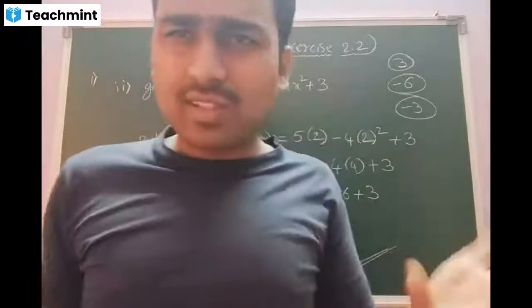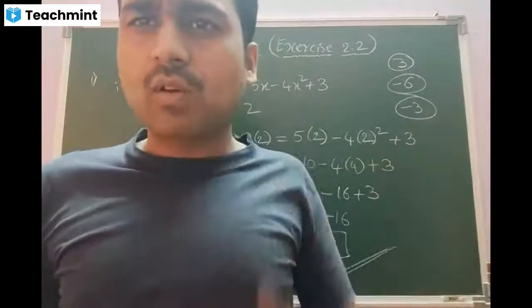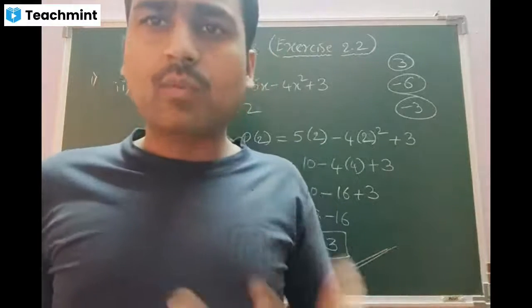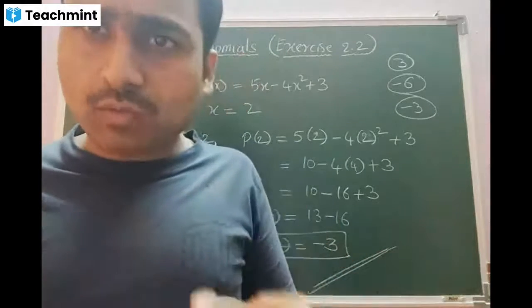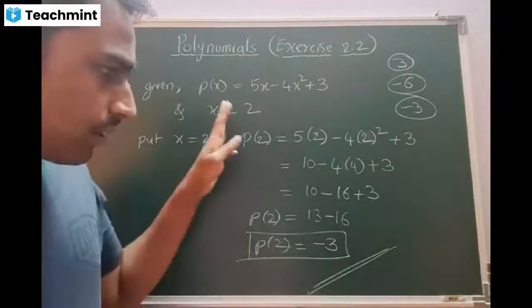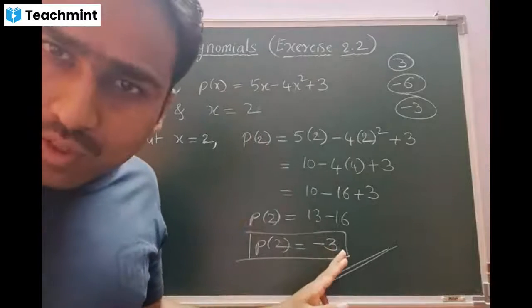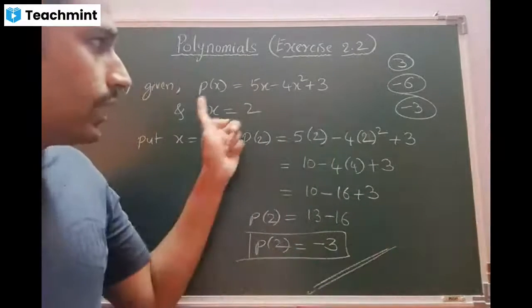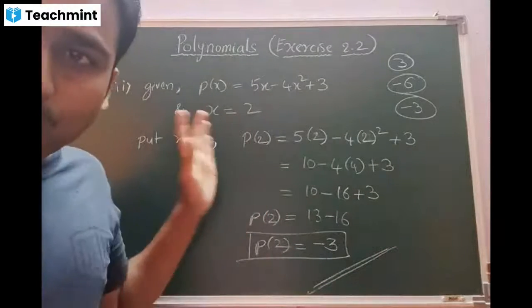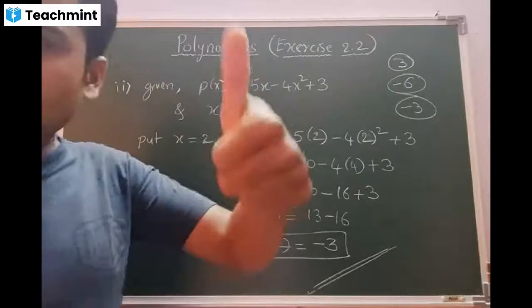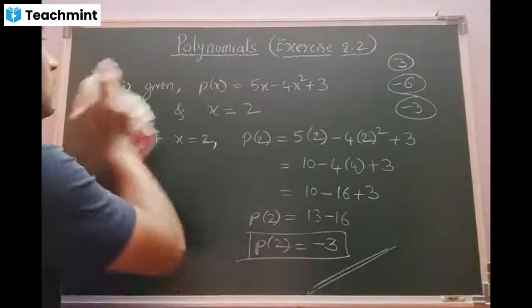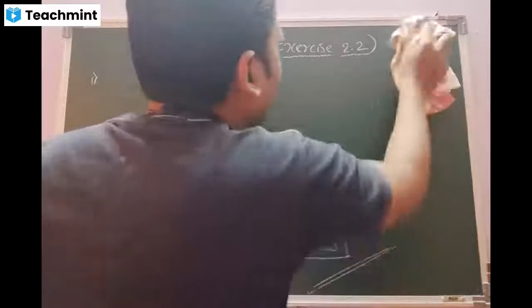Anyhow, in this question, there is no need of thinking about the zero of a polynomial. But then also it is our duty because we are dealing with zeros of polynomial. Since the final answer is not 0 in any of the cases, any of the values are not the zeros of the polynomial. Is that clear, beta? Yes, sir. We will go for the second main question.